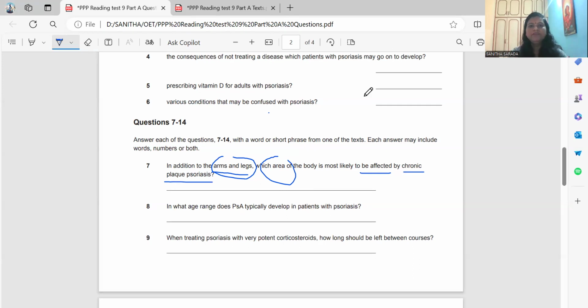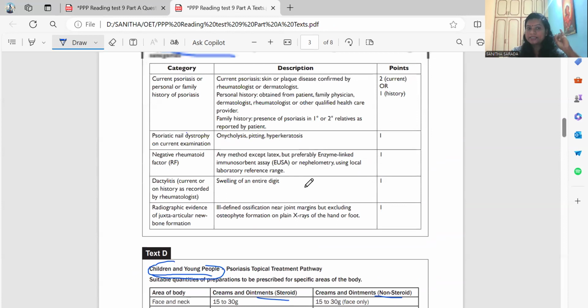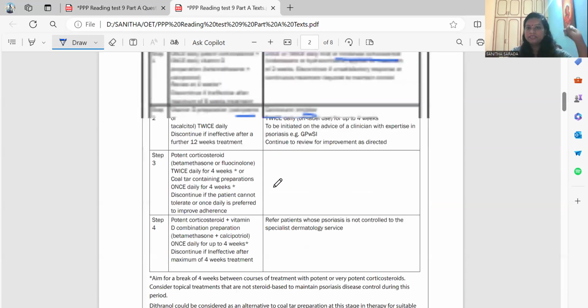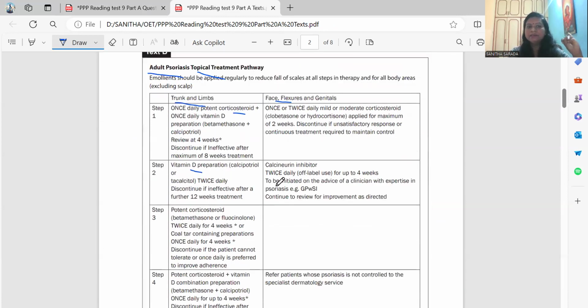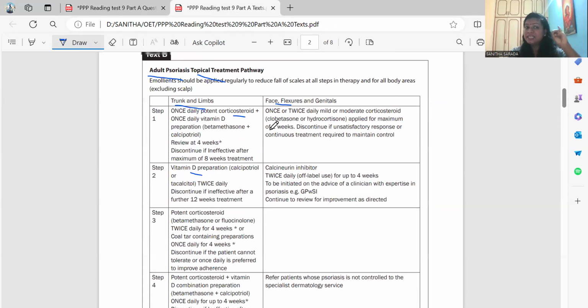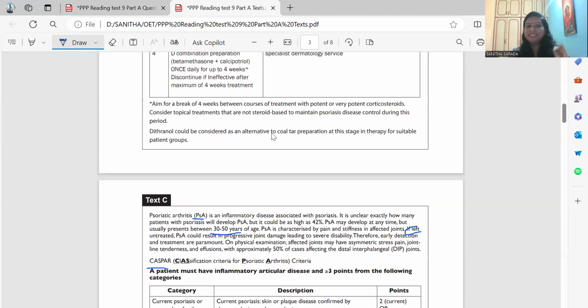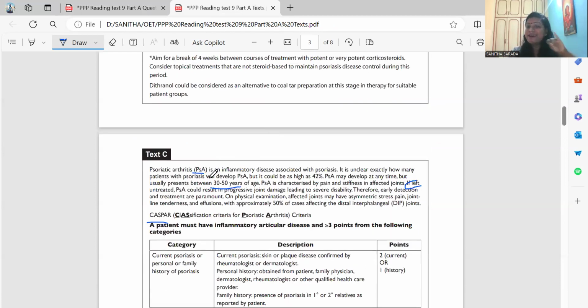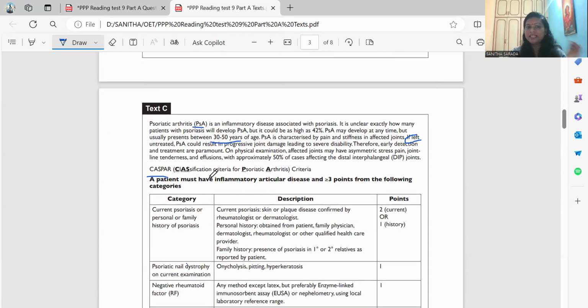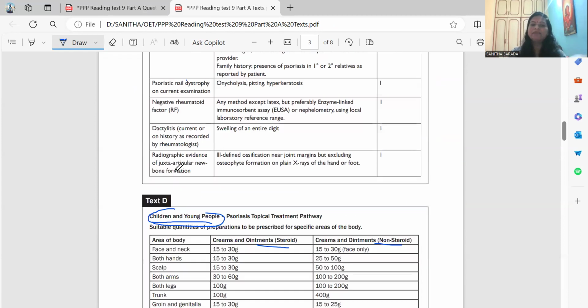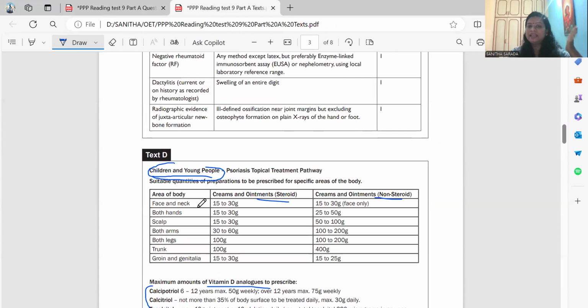So we have seen here part A is about psoriasis. Part B, adult psoriasis topical treatment. Then psoriatic arthritis, CASPAR categorization, and fourth is children and young people psoriasis topical treatment.